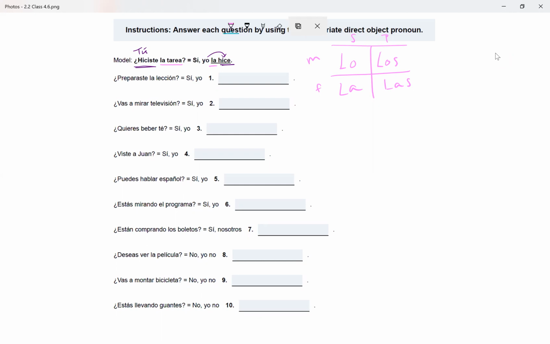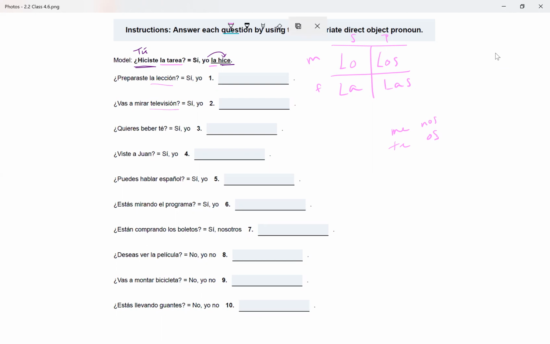Okay? So the other ones do get used, but not as often. And that's mostly because we're doing something to the direct object. And most of the time it is actually an object, like the homework or the lesson or the television.